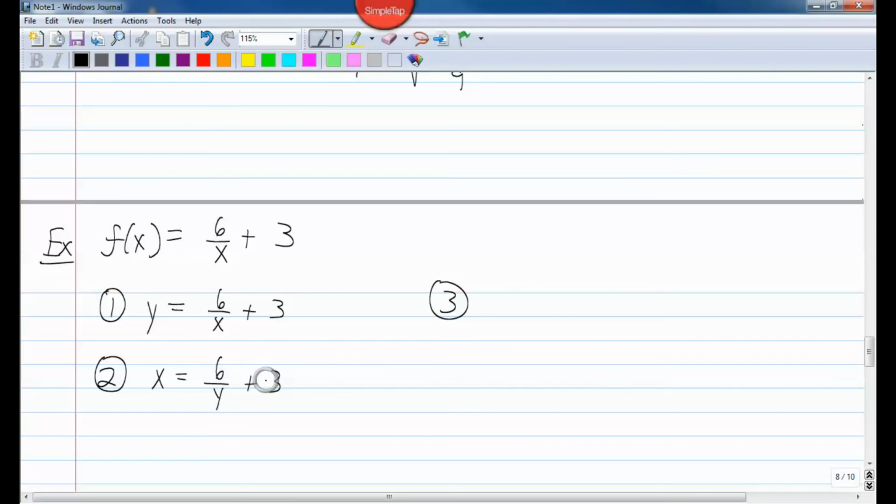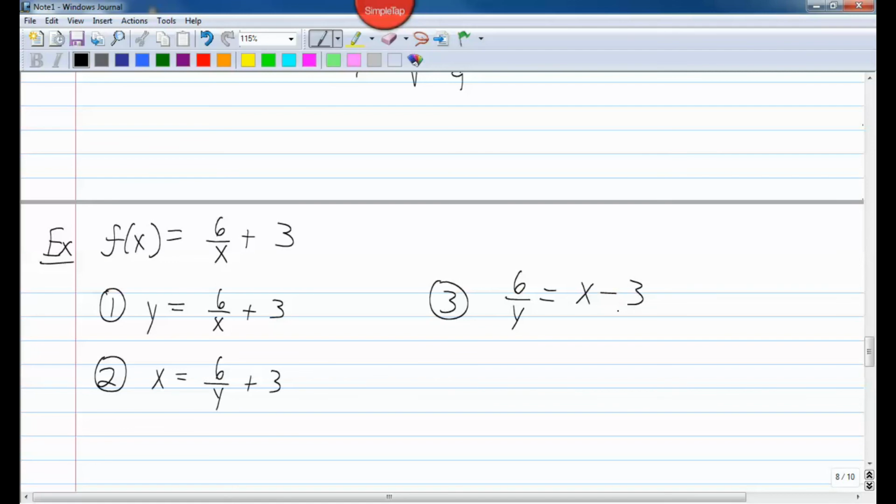So I'd move the 3 over first. So if I moved this positive 3 over and it became a negative 3, I would have 6 over y equals x minus 3.